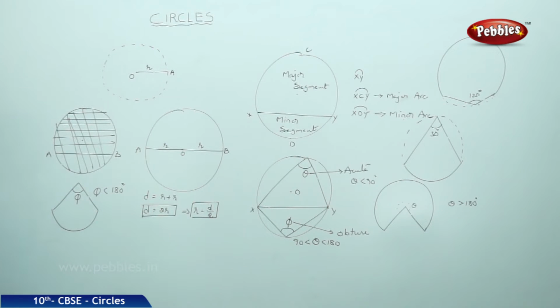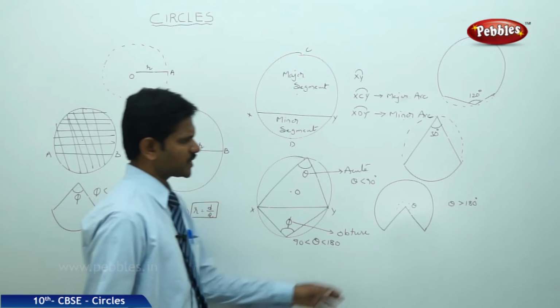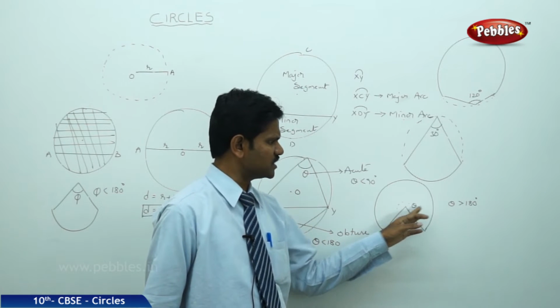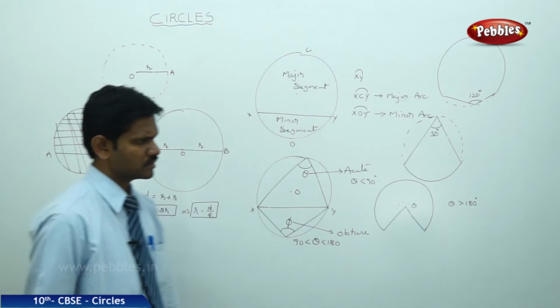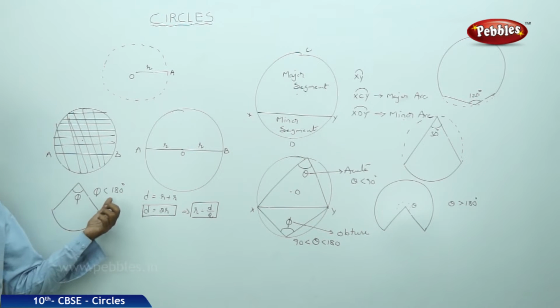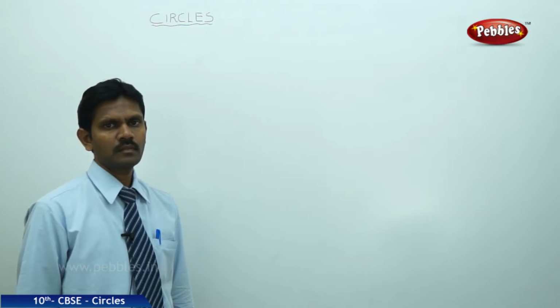Angle subtended by the major arc at the center is more than 180 degrees. Angle subtended by the minor arc at the center is less than 180 degrees.